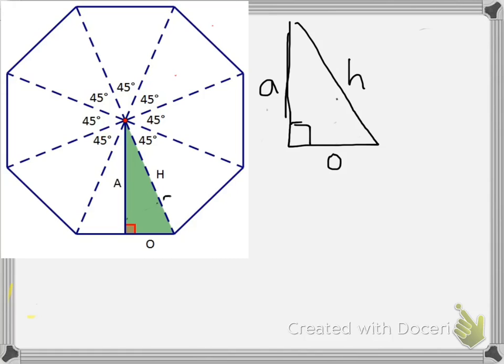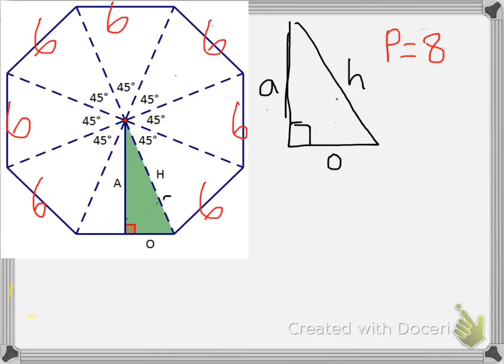Okay, so one piece of information I overlooked, if you go back to the PowerPoint, it says the side length is 6 inches. This is 6, 6, 6, 6, 6, 6. So we have the perimeter is 8 sides times 6, which is 48.